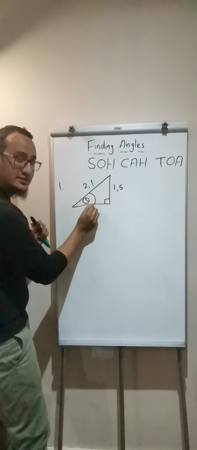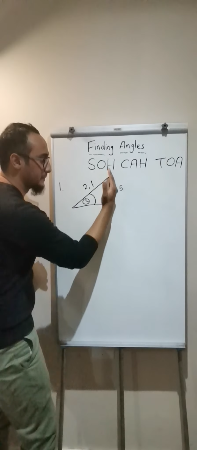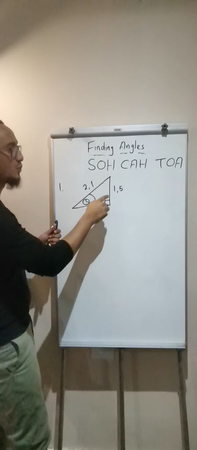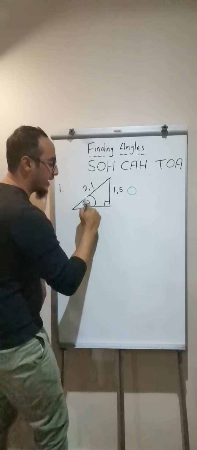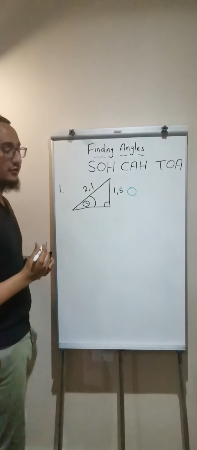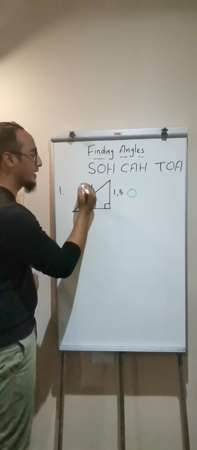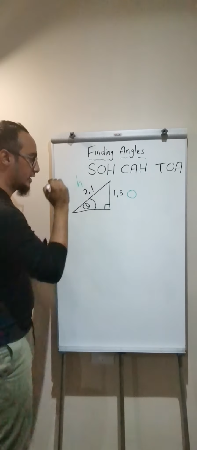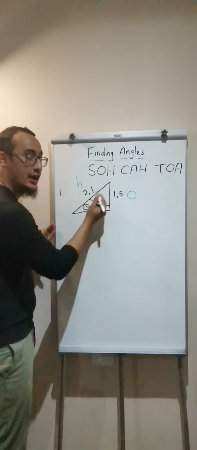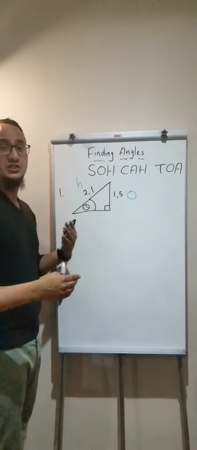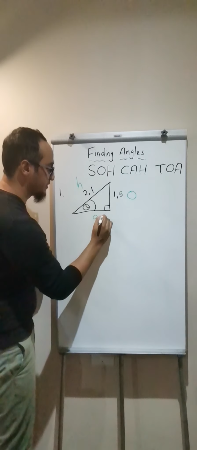So over here, this is my angle. Opposite my angle is this line over here, and the distance of that line is 1.5. Now opposite the 90 degrees will always be my hypotenuse, and that will be an H. The longest side will always be my hypotenuse, and by the process of elimination, the last side will be your adjacent.